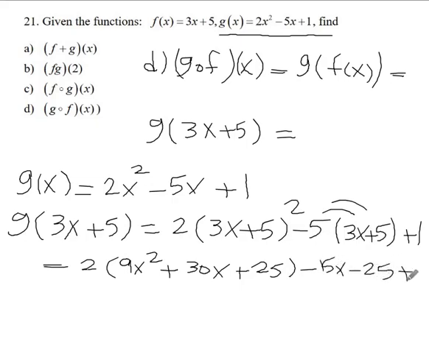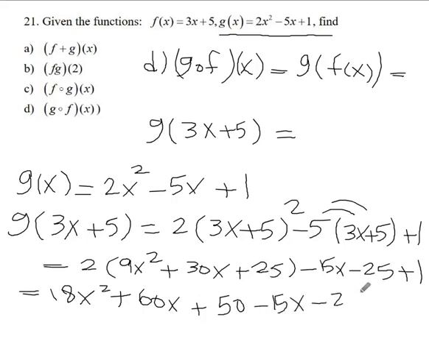Now, all I need to do is to distribute this. It would be 18x squared plus 60x plus 25 times 2, 50, minus 15x minus 25 plus 1.